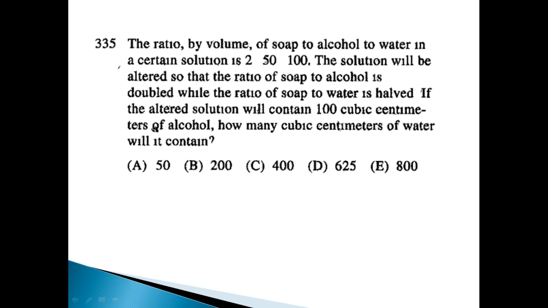Whenever you are given a ratio, especially when you have a ratio between three substances instead of two, here soap, alcohol and water, it's important to put it down in a certain format which makes it very easy for you to solve the problem. So let's look at that format and how we solve it.